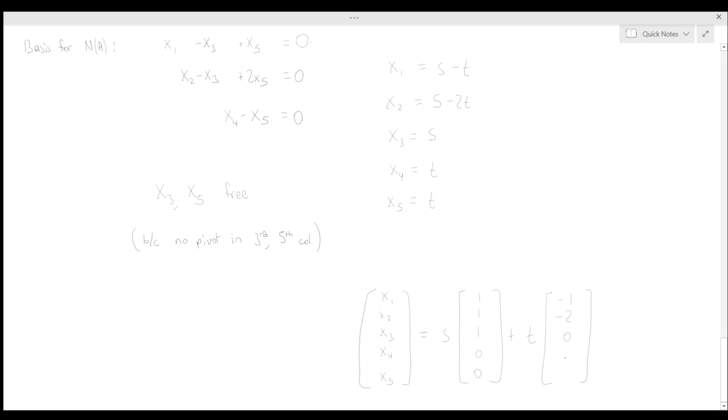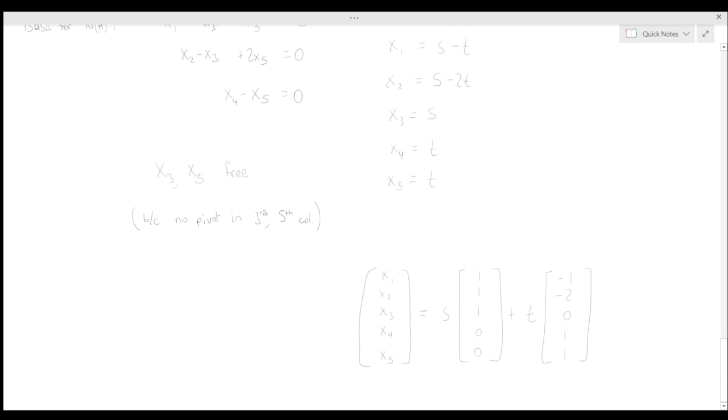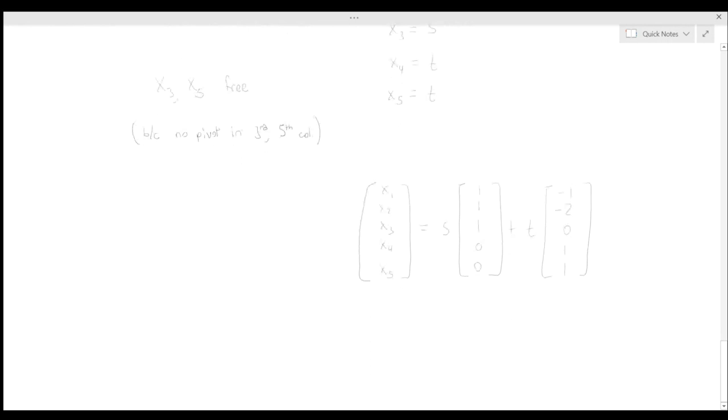The strategy was to take a generic element of your space and then write it as a linear combination using the variables as the coefficients. I'm doing the same thing here. And so the idea is these vectors that we end up with would give me a basis for the null space, just like in all the other examples that we did at the beginning. If you remember, these were called the special solutions. So here you can also see why they're special, because they give you a basis for the null space.